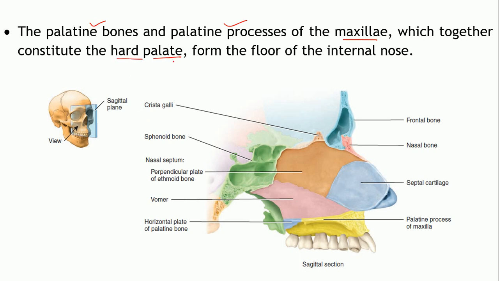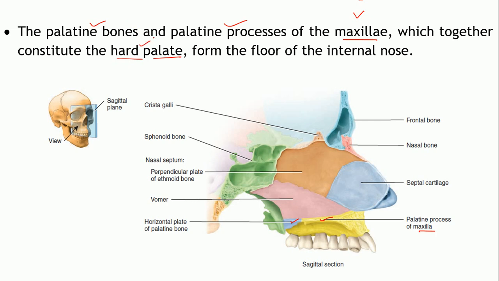That is the palatine bone, and this is the palatine process of the maxilla. Maxillae means plural, there are two. Okay, so together they form the hard palate.